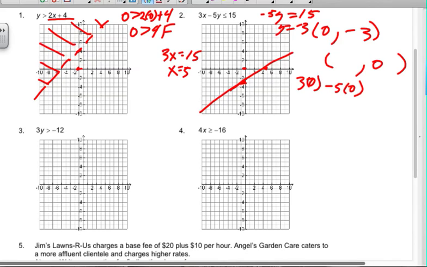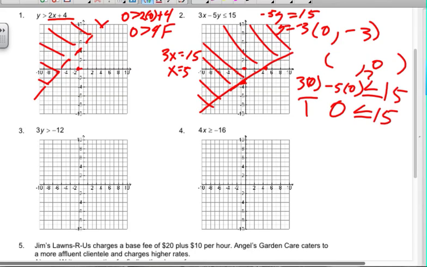And I want to see if that's less than or equal to 15. So 0 minus 0, 0 is less than or equal to 15. This is true. So I shade the side that that point is on.